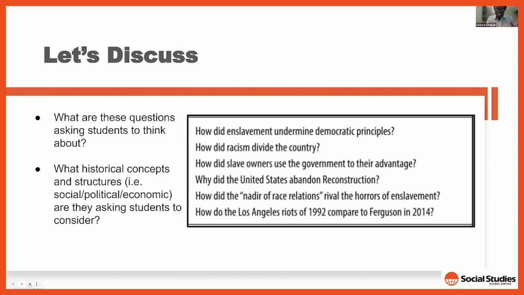In analyzing these inquiries, we can see that the questions, and you guys have alluded to this, ask students to consider the role or influence of racism and other oppressive structures and constructs on the history of the United States. So in today's webinar, we'll explore the Black historical consciousness principle of power and oppression, which can be applied in developing curriculum based on these as well as similar topics.